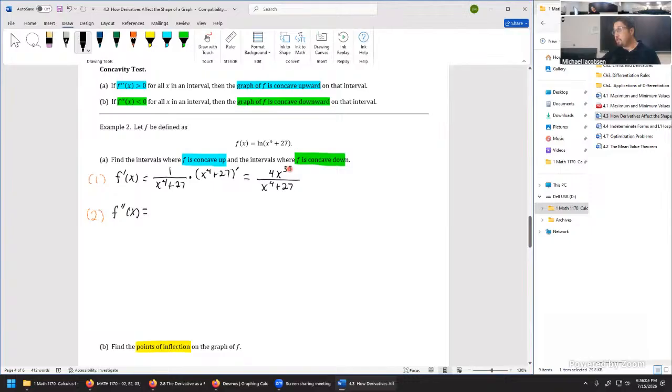For the quotient rule, first thing we need to do is differentiate the top. This will become a 12 x squared. Once we've differentiated the top, the pattern of attack is multiply by the denominator, unadulterated, just an x power 4 plus 27.